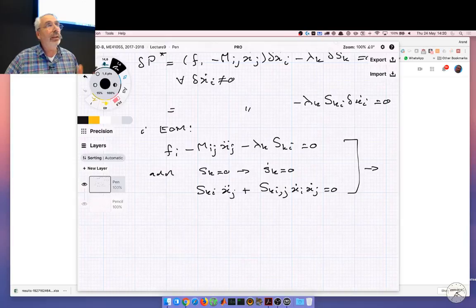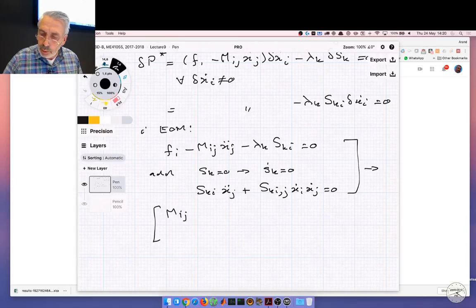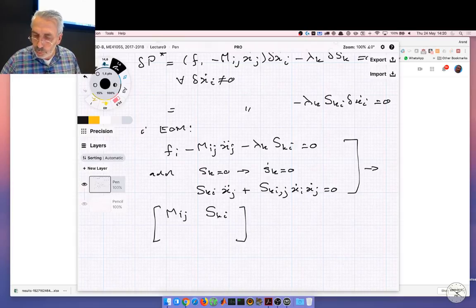And these two now form our constraint equations of motion, which we can again write in this matrix-vector form. So Mij I have here, and then I have Ski, and my variables are of course x double dot j, and here I have a lambda k.